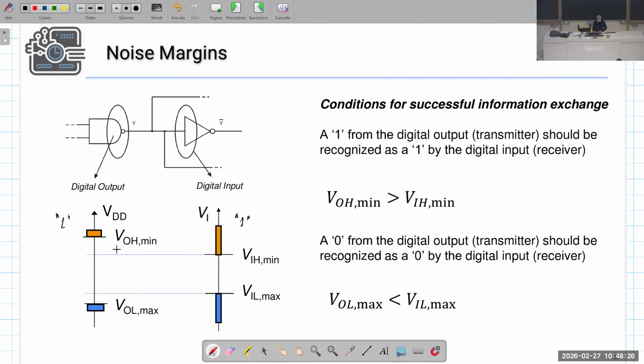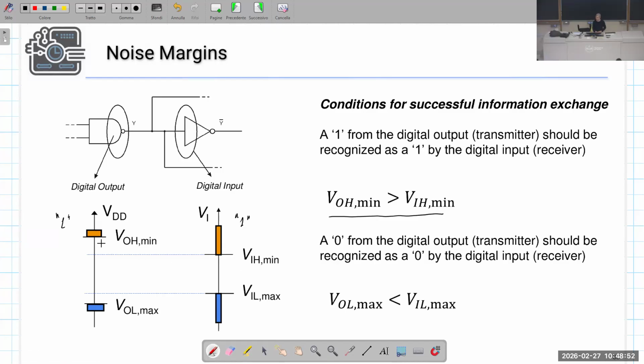We need that the output voltage of the transmitter, the voltage which is considered as high by the transmitter, is above the minimum voltage which is recognized as 1 by the receiver. So we need VOH minimum.